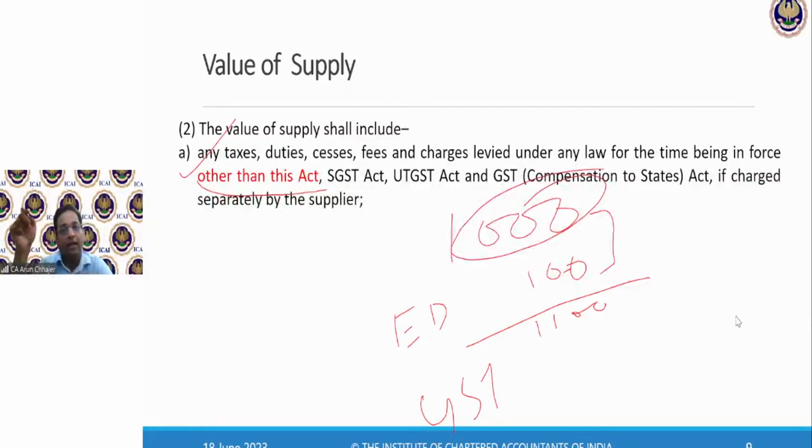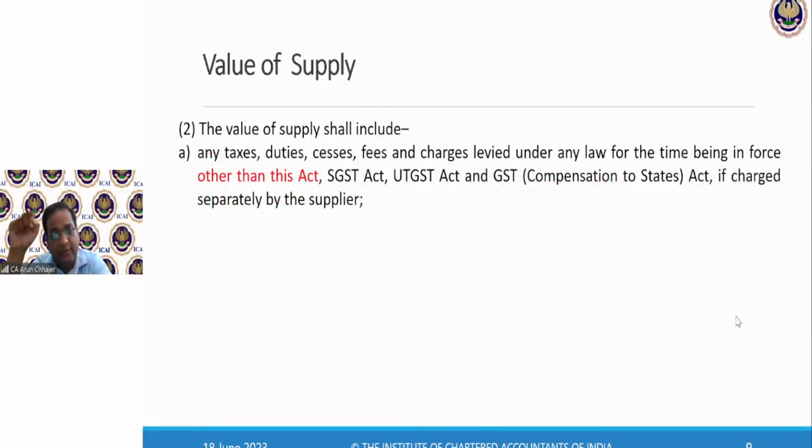Wherein I can say 15 subsection 2 clause A, these taxes, duty, cess, etc. would be added in the value, and the GST needs to be charged on the entire value including taxes. I would need one more example from all the participants.